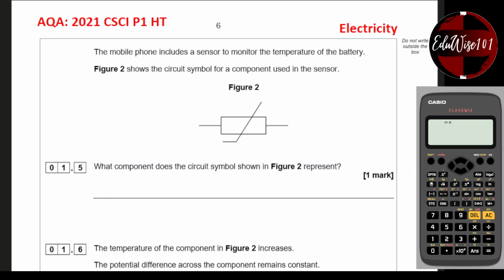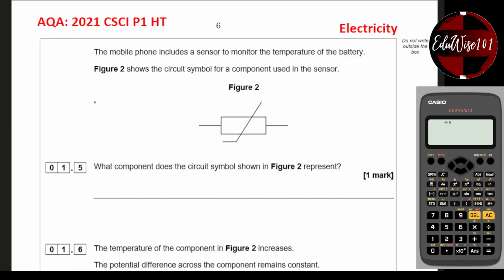The mobile phone includes a sensor to monitor the temperature of the battery. Figure 2 shows the circuit symbol for a component used in the sensor. What component does the circuit symbol shown in figure 2 represent? So you can see that this rectangular shape is mainly for a resistor.